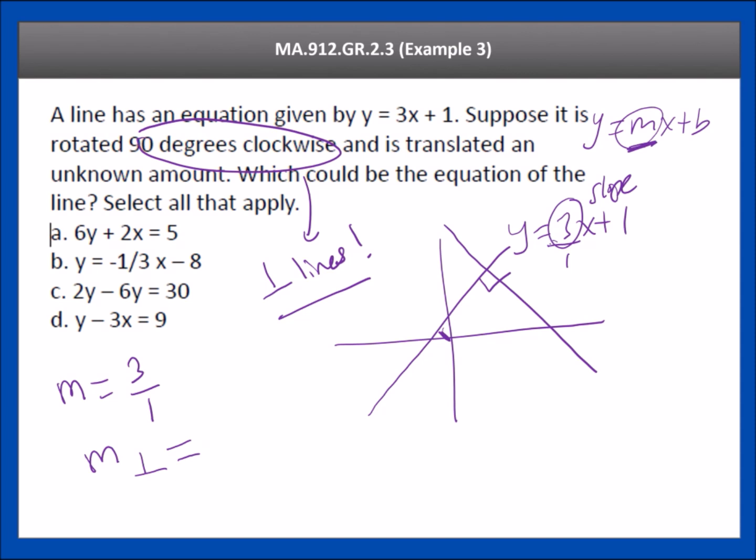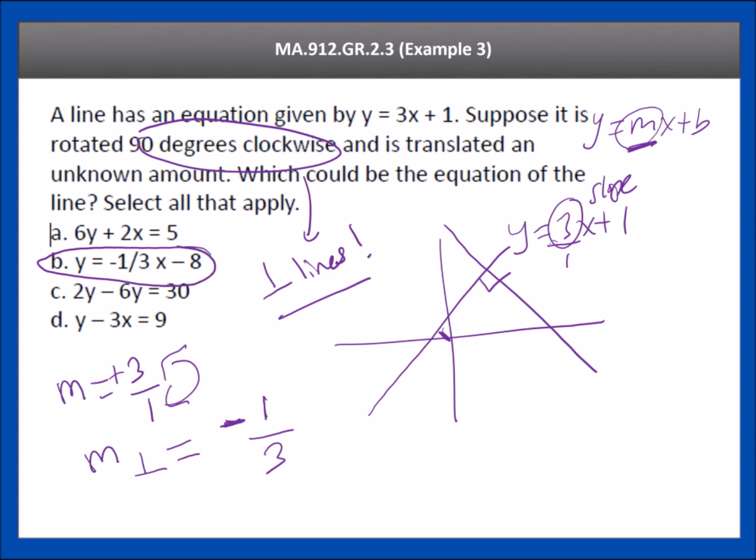So if I know that the original slope is 3/1, I can get the slope of the perpendicular line by doing the reciprocal, flipping the fraction, and then changing the sign. This is known as the opposite reciprocal or the negative reciprocal. So if this is positive 3/1, it's going to change into negative 1/3.